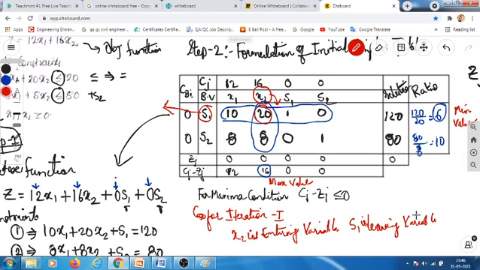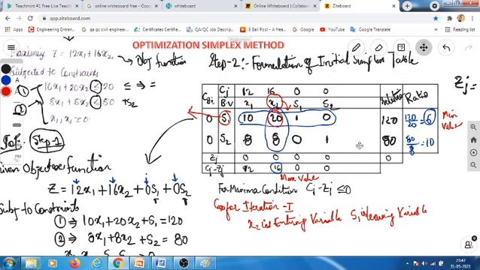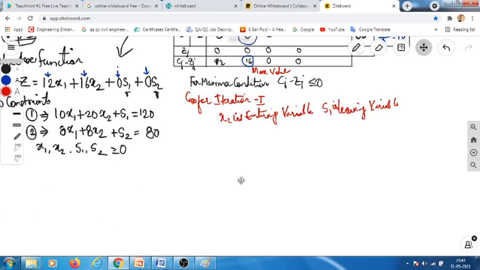This was the first iteration. So, we need to repeat this table. Now, step 3 is to repeat the iteration. Now, let us go for step 3, iteration 1.